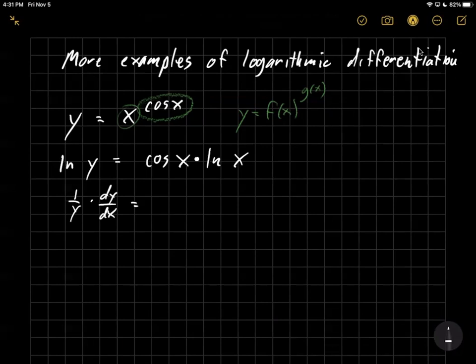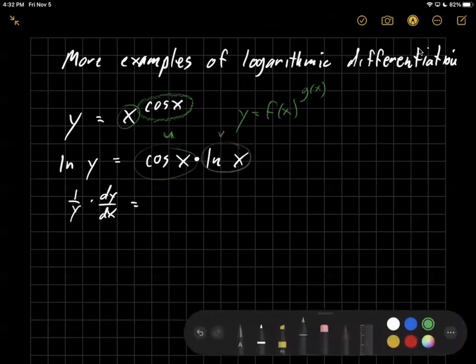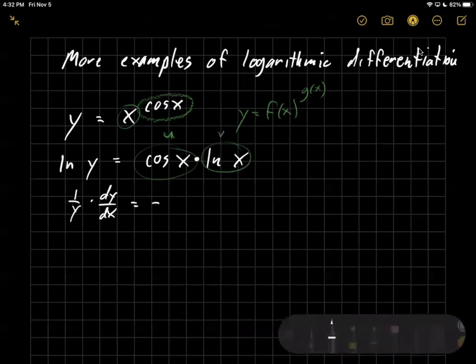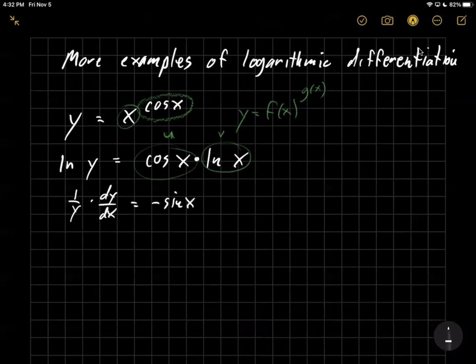So with a product rule for the right-hand side, I'm going to think of cosine x as u, ln of x is v, and I'm going to do u prime v plus uv prime. So u prime is going to be negative sine of x times ln of x plus cosine of x times 1 over x.